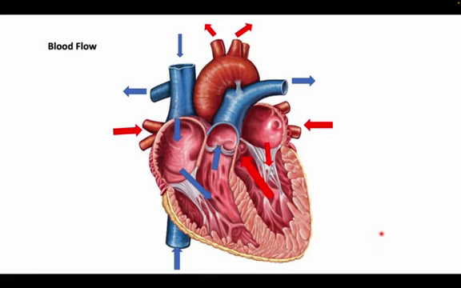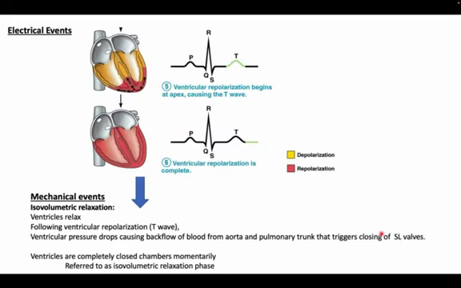So we are reaching the T wave, which means ventricular repolarization is beginning. When we finish the T wave, the repolarization is done. That means the entire ventricle is totally repolarized.